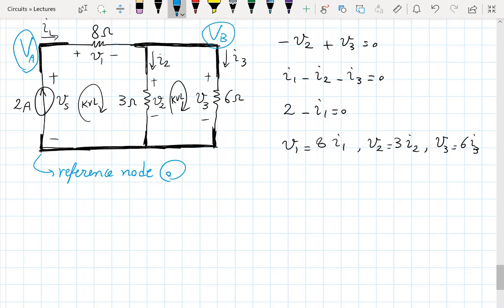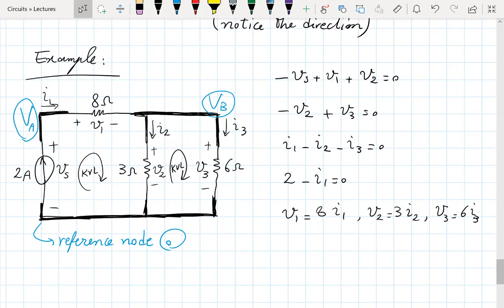So nodal analysis consists of writing the equations in terms of node voltages. That's it. So let me now first rearrange all the equations in terms of element voltages and then replace those by node voltages.